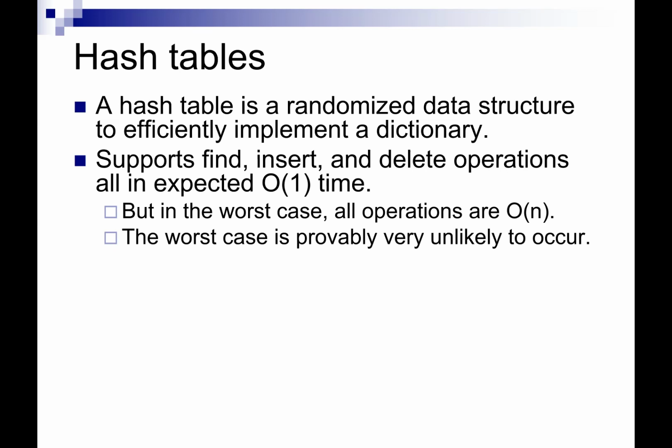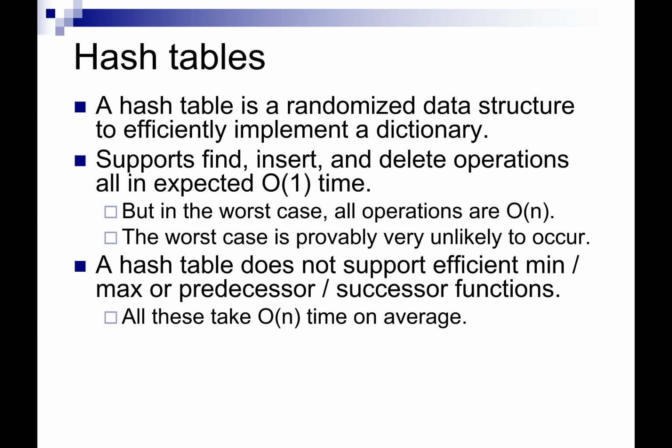However, one problem with hash tables is that in the worst case, if we don't design the hash table well, then all of these operations can take order n time, where n is the number of elements in the dictionary. However, what we're going to show today is that by using randomization, we can make sure that the worst case is very, very unlikely to occur. And so on average, the running time is going to be order 1.